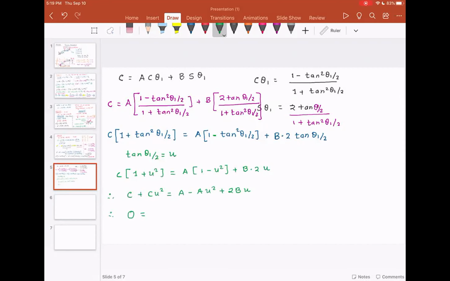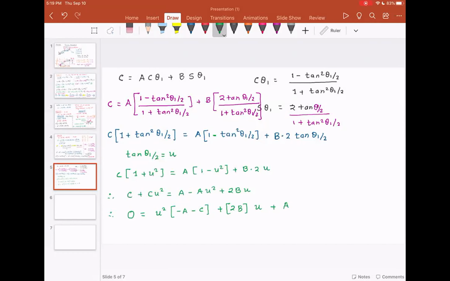This equation is going to be u square times (c plus a), minus 2b u, plus (c minus a).